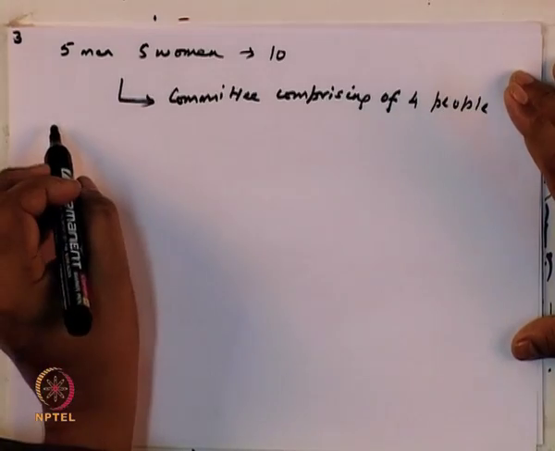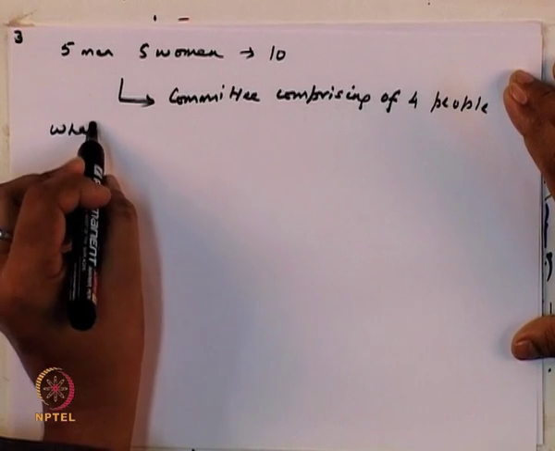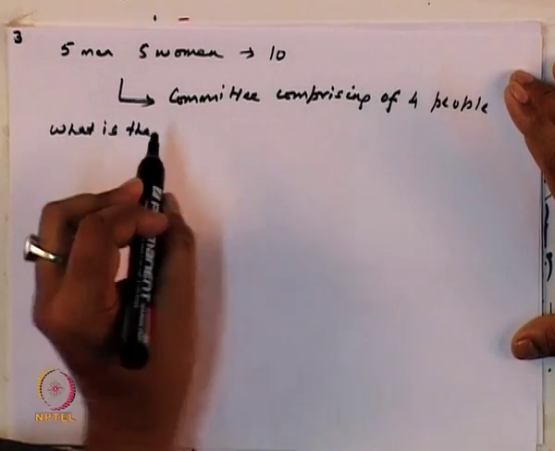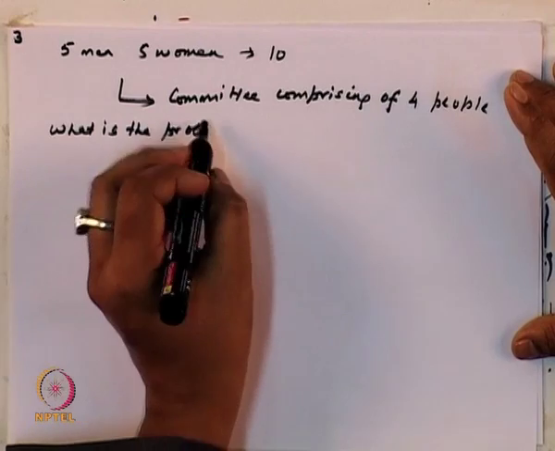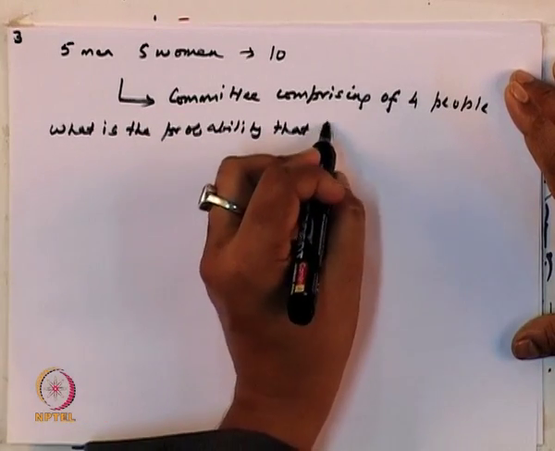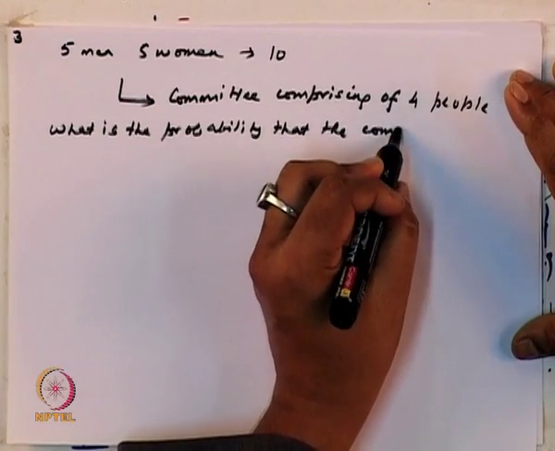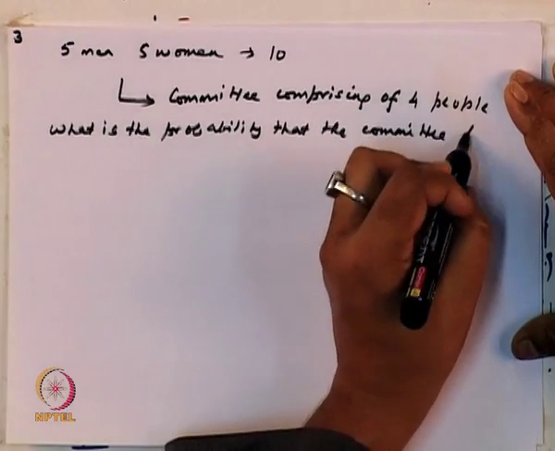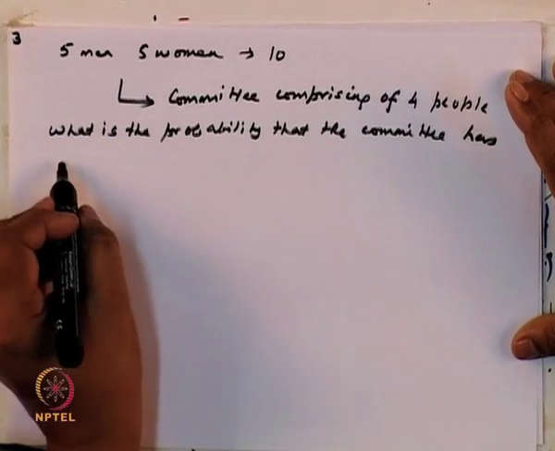Okay. So, the question is, what is the chance or probability that the committee has 3 women.